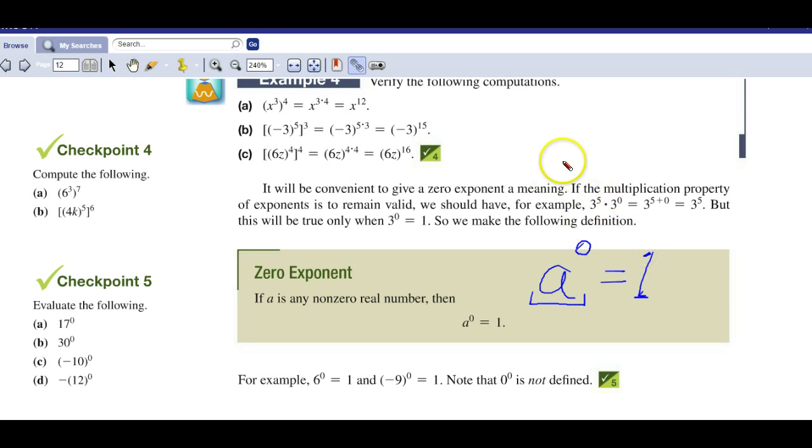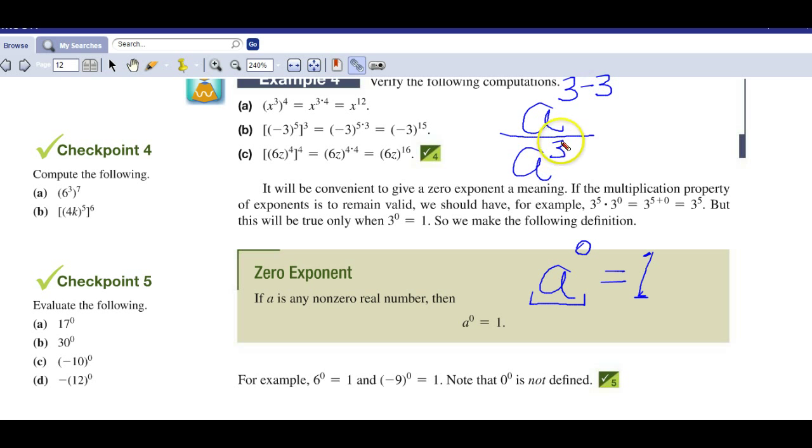Now, a little later they're going to show you the proof of this too, but we could show it to you now. If I have a to the 3rd divided by a to the 3rd, now we haven't had this yet, but you may know it. The rule is you take an exponent. When it crosses the division bar, the sign of the exponent changes.